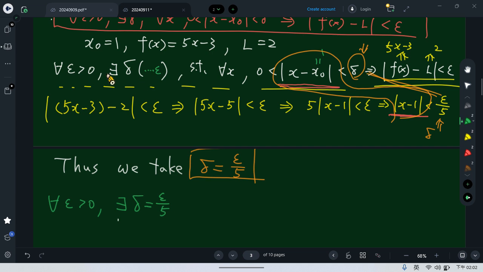Not like before. At that moment, I didn't know the relationship between delta and epsilon. But right now, based on the result, we can conclude that if we set delta to be epsilon over 5, it could possibly make this statement hold.